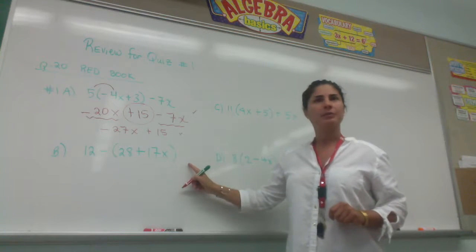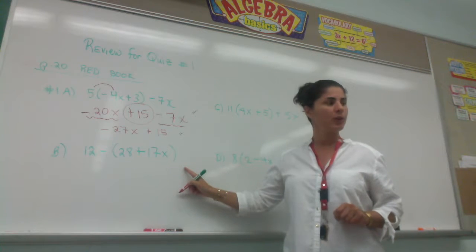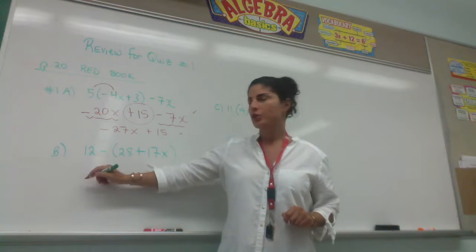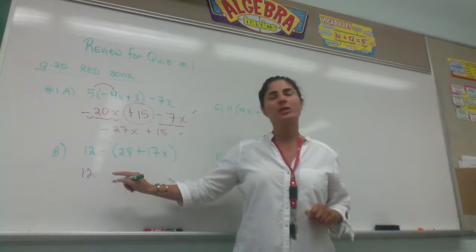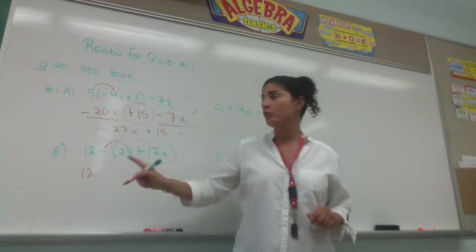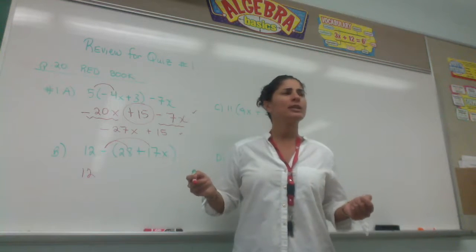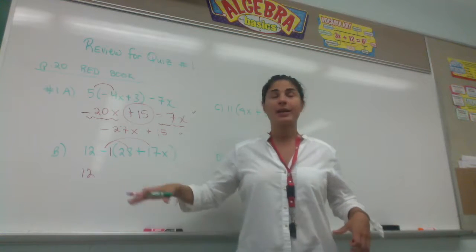For letter B, pay attention because this one is tricky for a lot of you. The 12 just comes down, waits patiently until we distribute the negative to the 2 numbers inside the brackets. Now you could say, what is that? It's actually a negative 1. But you don't need to write negative 1.